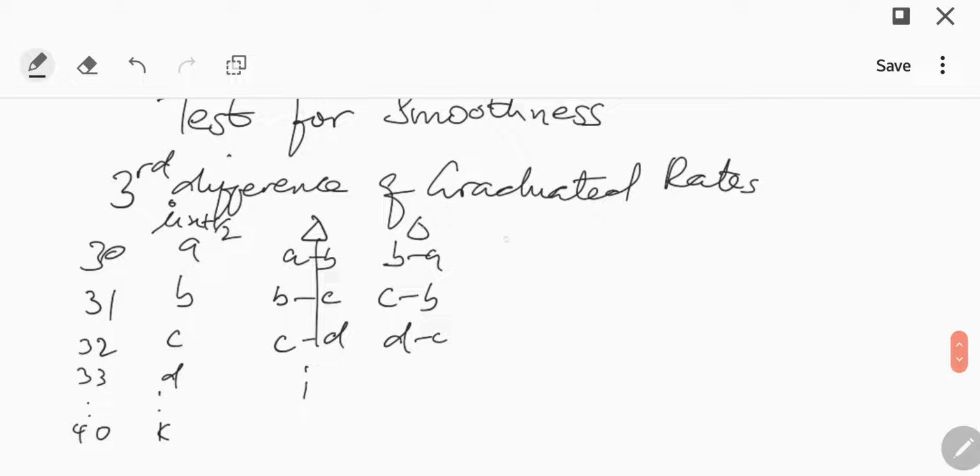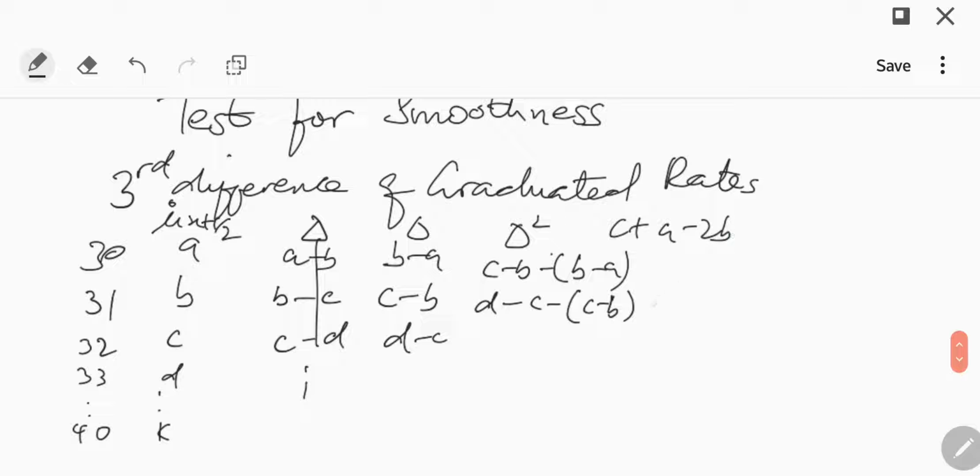Similarly, I'm taking delta squared: C minus B minus (B minus A), D minus C minus (C minus B). So this one is coming out as C plus A minus 2B. This is the second difference. It's also D plus B minus 2C.